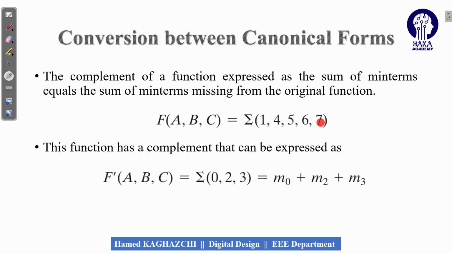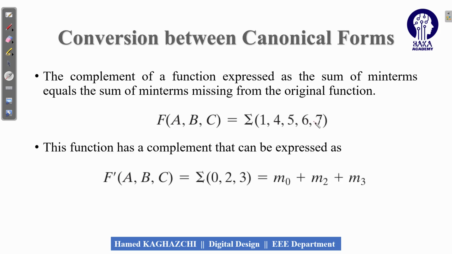On the other hand, we said that the meaning of this expression is this: m1 is 1, m4 is 1, m5 is 1, m6 is 1, m7 is 1. What does it mean? It means that the rest of the possible combinations are equal to 0. Which ones are 0? The numbers that are missing here are 0.